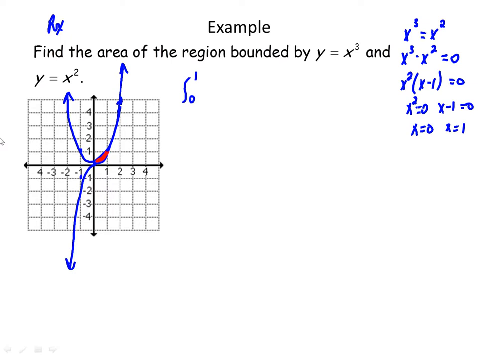The parabola's on top. So you've got to make sure your graphs are pretty good, right? So we're going to put the parabola on top, minus the bottom, which of course is going to be the Superman curve. And then we're going to integrate with respect to x. All right, so work on it. See what you come up with.